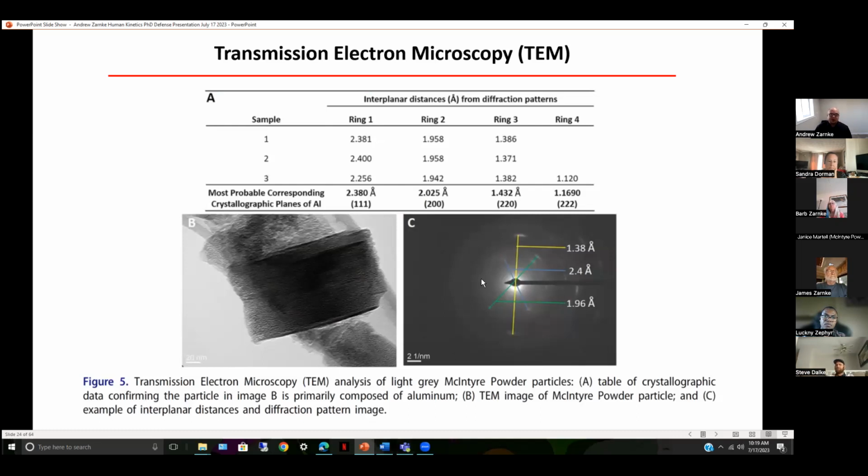So you can see the image on the right, C, shows the crystallographic planes, and it allows you to measure these and compare them to the known crystallographic planes for aluminum. You can see just by a crude comparison that it's very, very similar. So we were happy to see that we could confirm that these particles were in fact aluminum.